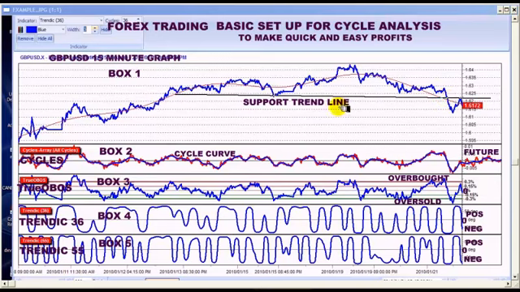Now, the most important indicator that we use in Forex trading is called Trendek. We have Trendek here in box 4 and Trendek in box 5. It is the most important indicator because it shows the immediate trend. It is unique and original.